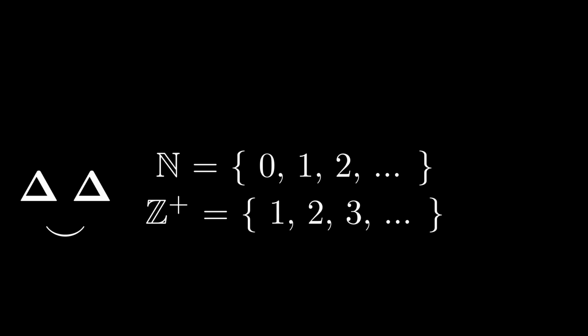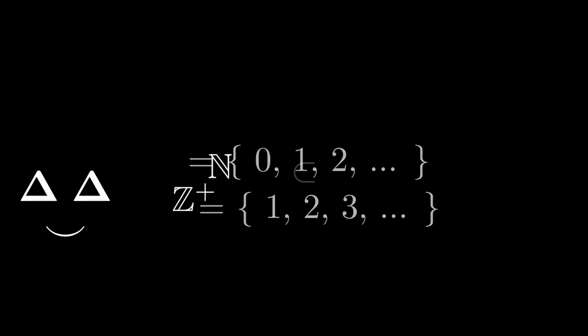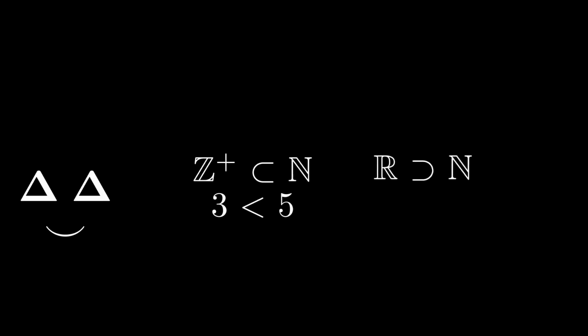We call this relation of smaller sets to bigger sets subsets, and it occurs when a set is completely contained within another set. We write this using the subset symbol, which is analogous to arithmetic's less than symbol. There is also a superset symbol, which is just like the greater than symbol.